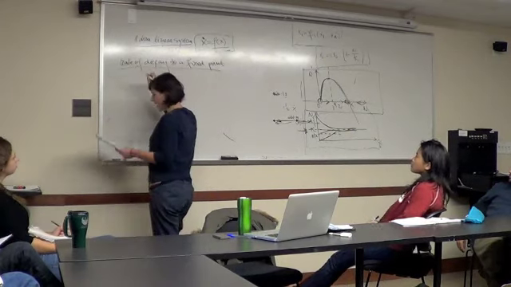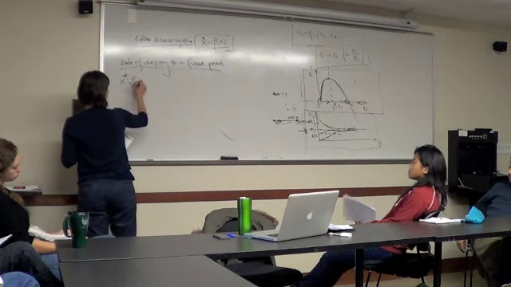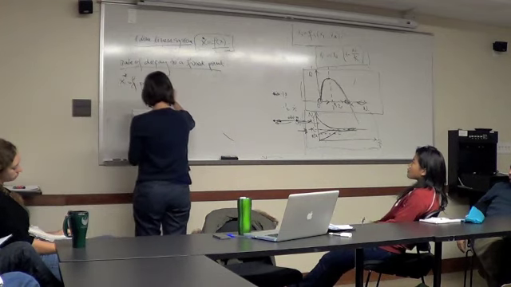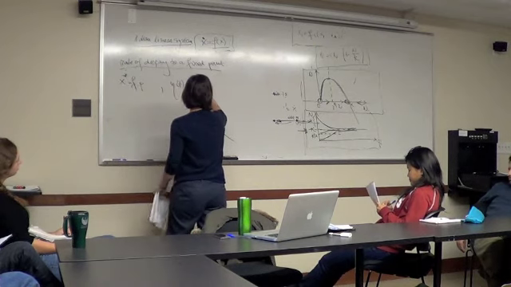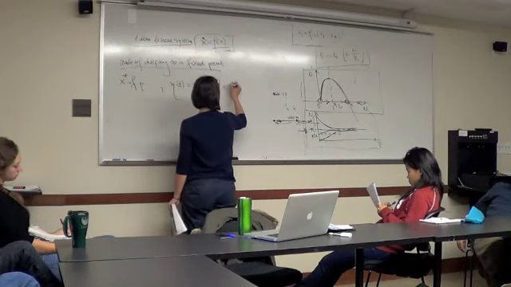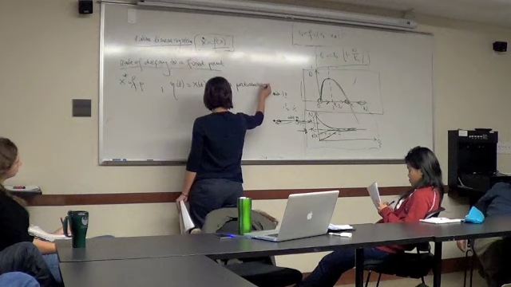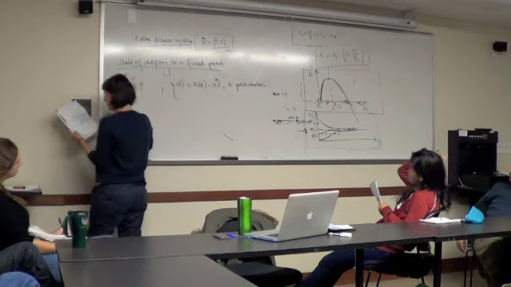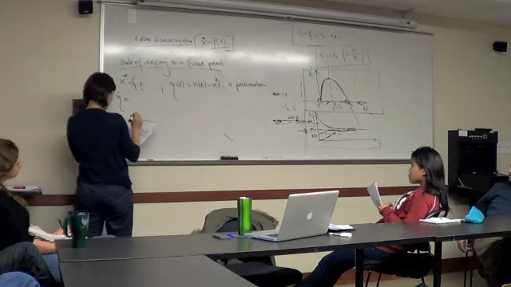So in order to do that, let's say this is our fixed point, and let's say eta is a small perturbation around the fixed point.